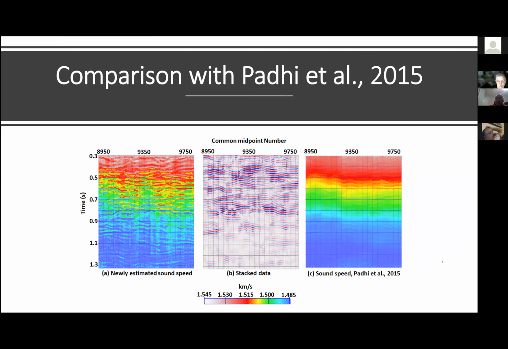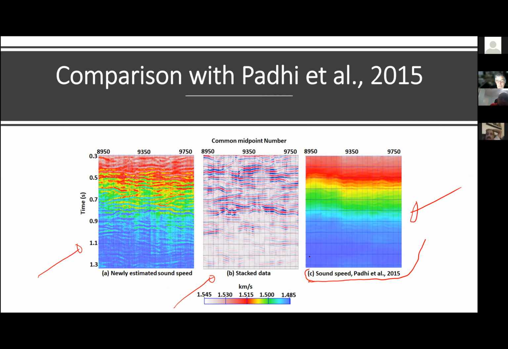Again, I wanted to compare just with Amit's work. So this is the newly inverted model. This is the stack seismic data. This is the old inverted model, which, by the way, is a very good model, and it matched the local temperature and salinity variations very well.